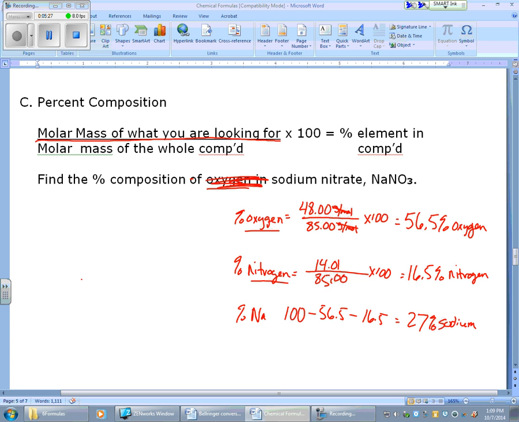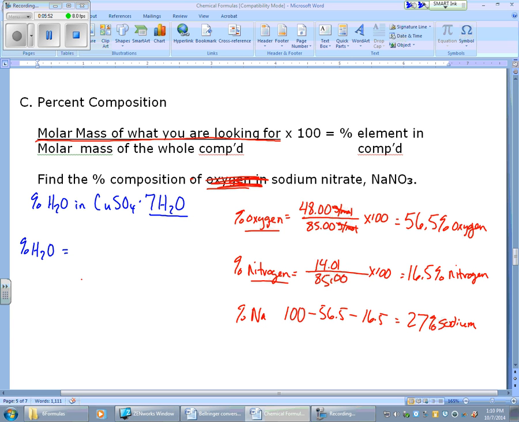So I'm going to use one from the homework page, the hydrate that we have here. So percent water in copper sulfate heptahydrate. There we go. And so to find the percent water, it is going to be the mass of all of the waters. Well, in this case, I have 7 waters in here.